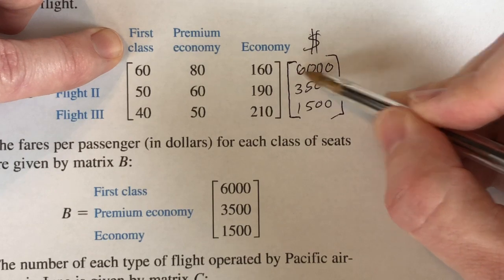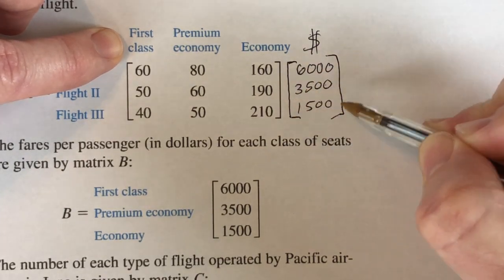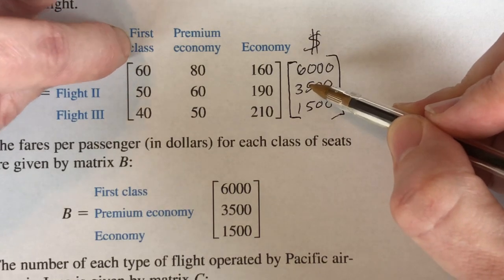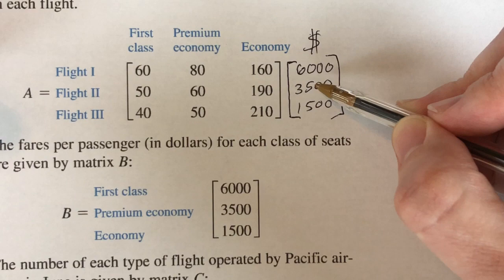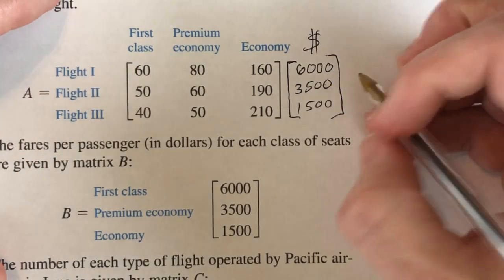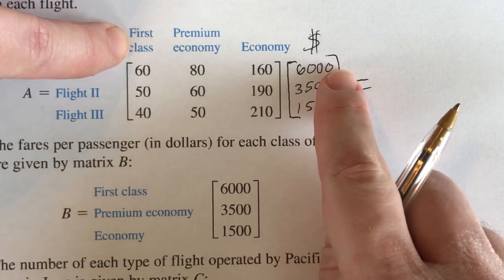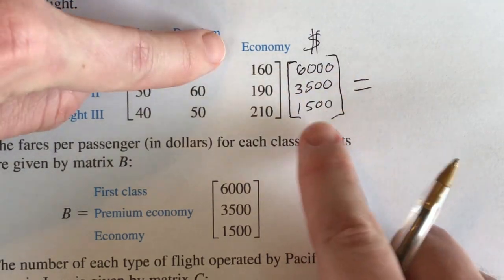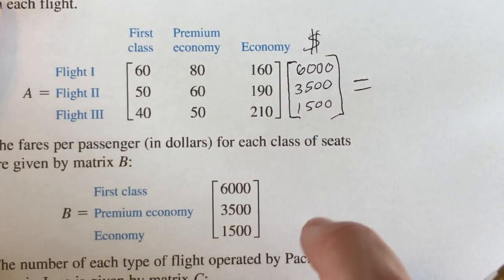Notice that the row headings here, first class, premium economy, match the column headings in the first matrix. That should always happen. All your units should be aligned in order for this to work out. Column headings match the row headings.